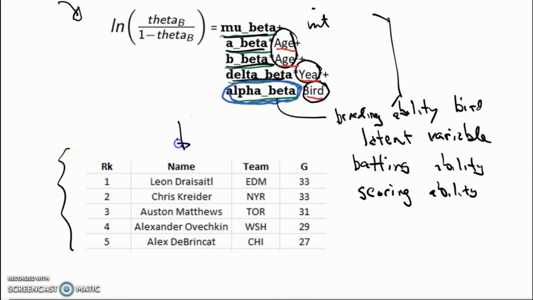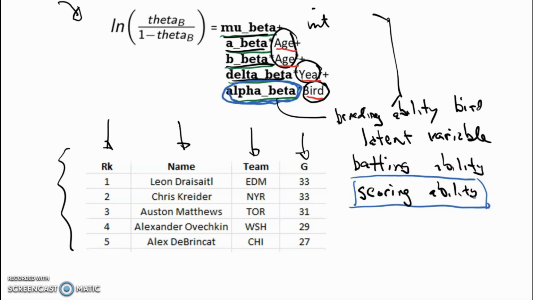Here's the name of the scorer. There's the team. There's the rank. There's the number of goals. And we might be interested in this if we figure out how much to pay him or whether or not to trade him: the ability of the individual to score. And that's really what we're interested in, but we can't really measure it directly.